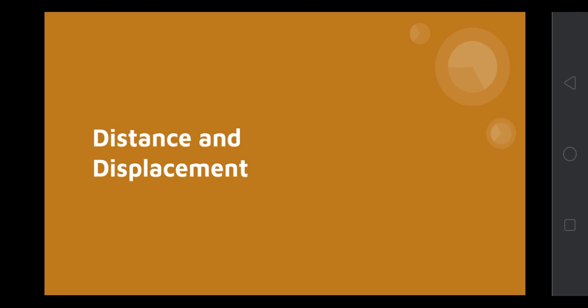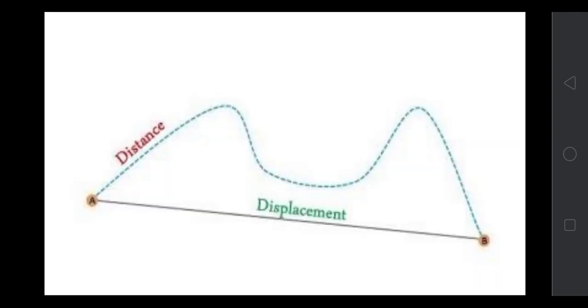Now we will go into some good concepts. First we will define what distance and displacement are. We are all familiar with the words distance and displacement. So what is distance? If you look at this image, you can find two paths. We know that physics is nothing but the study of motion and rest.